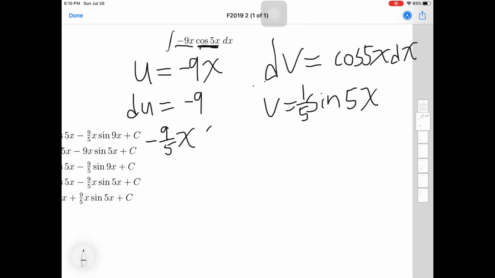5x sine 5x would be uv minus the integral of v du, so du would be negative 9, so negative 9 over 5 sine 5x dx.